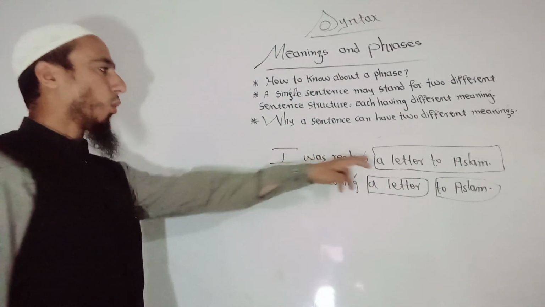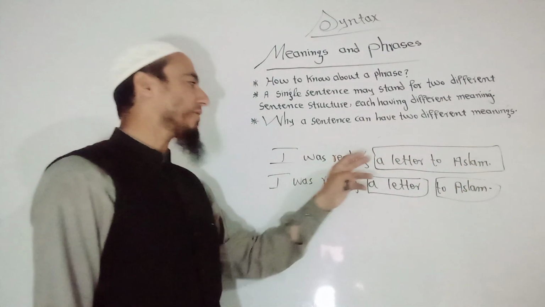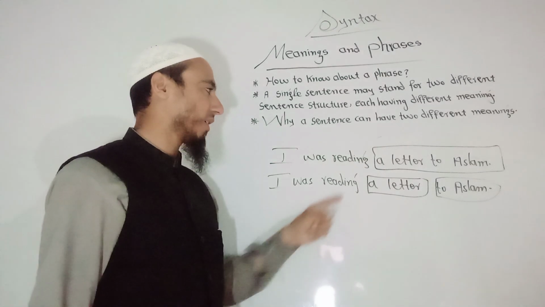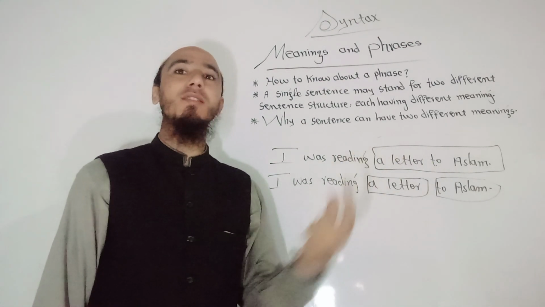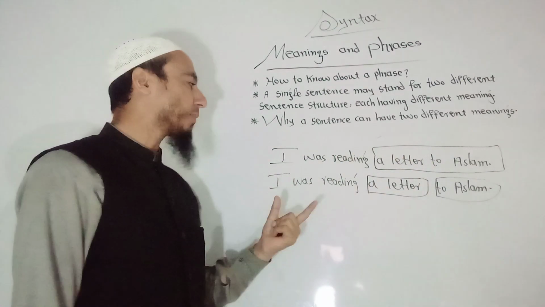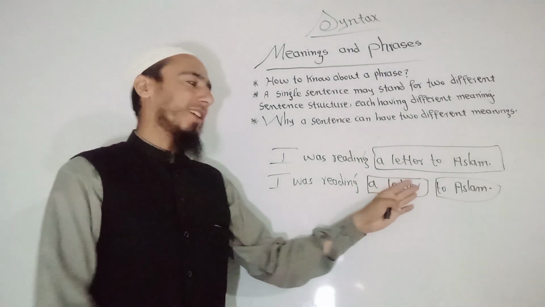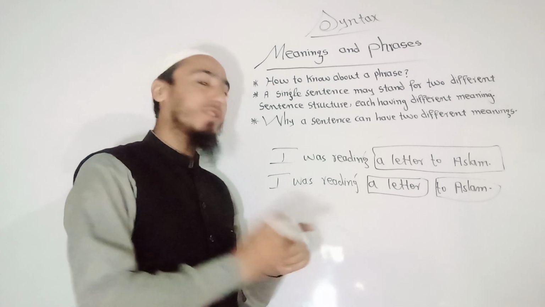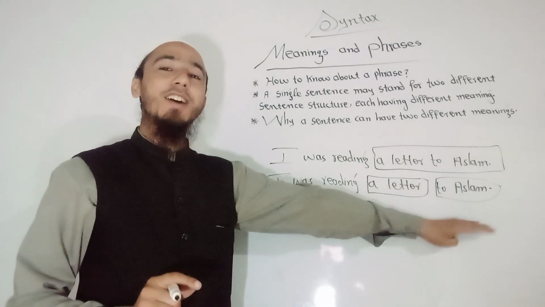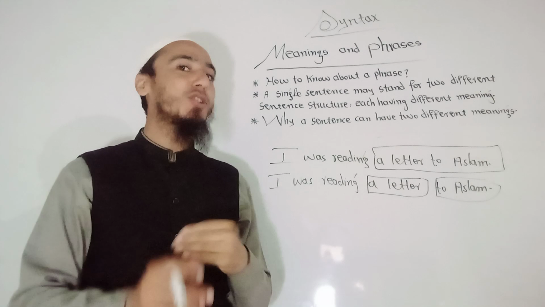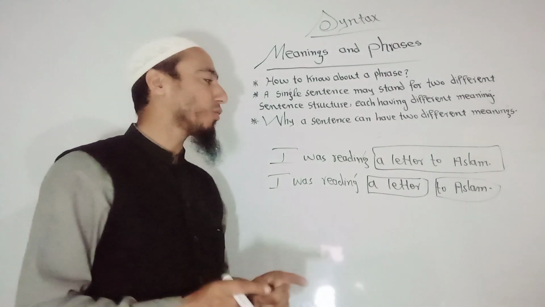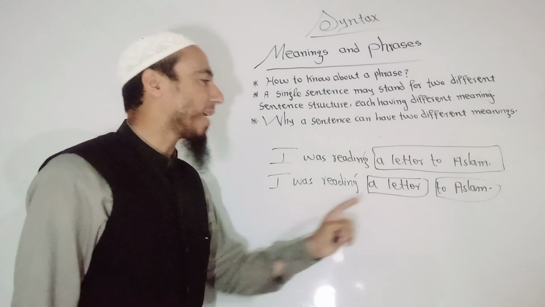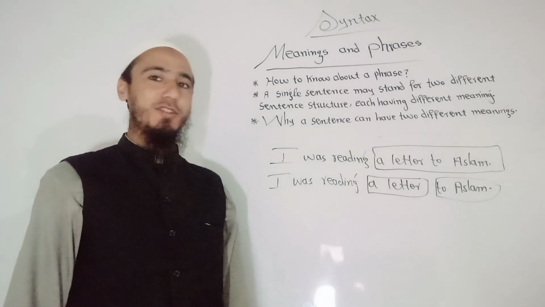See? One is the whole structure. I was reading a letter to Aslam. This is the whole structure, a complete structure. It means it represents just one phrase. But here I divided and broke the phrase in two ways, into two constituents, you may say. So that's why it has another structure.